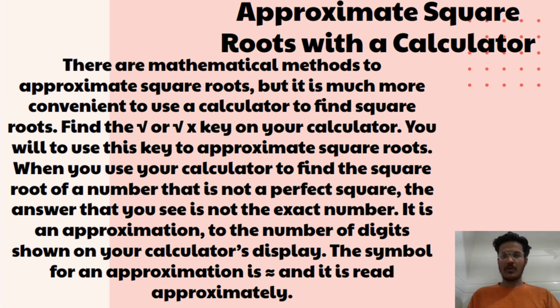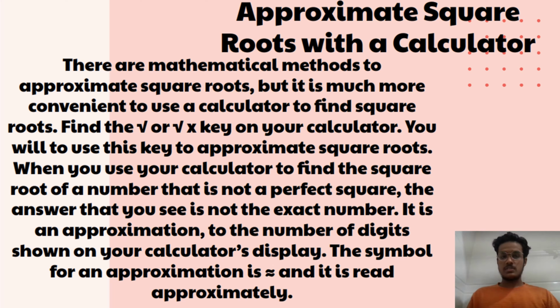Next is approximate square roots with a calculator. There are mathematical methods to approximate square roots, but it is more convenient to use a calculator to find square roots. Find the root or root x key on your calculator.